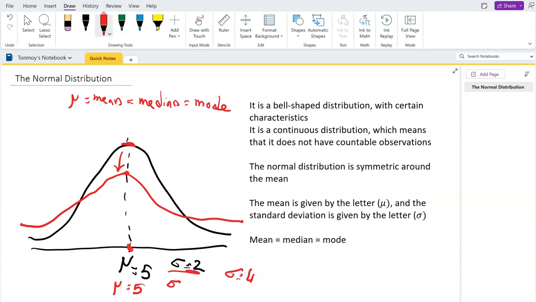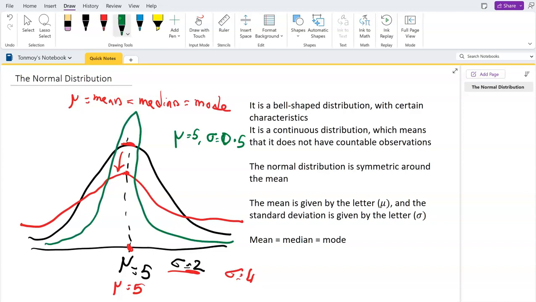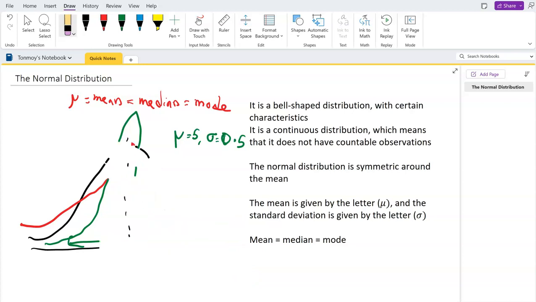If I look at the green one where the mean is still 5, but the standard deviation is 0.5, which means a much tighter distribution, that means that the values would be kind of like that. So the standard deviation is telling us how spread out the data is from the mean. And we normally use the normal distribution when we have a lot of data.